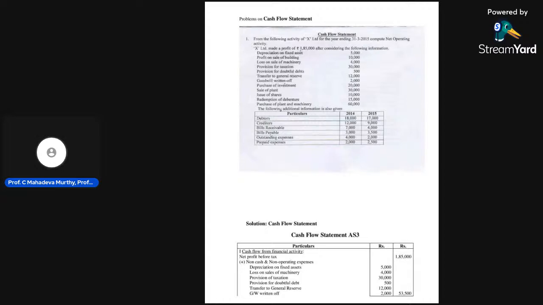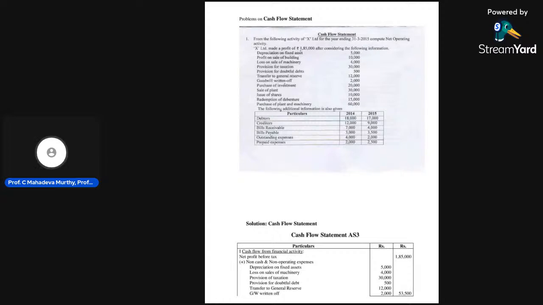Last class, while discussing theory, we discussed the probable items that appear in the operating activity, financing activity, and investment activity. In this cash flow problem, the net profit before tax is available in the given information: X Limited made a profit of rupees 1,85,000 after considering the following information.